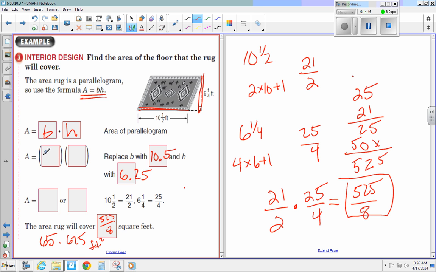So either way will work. I would say, since we're trying to find the area of this rug, if you just looked at this, you could say it's about 66 square feet.